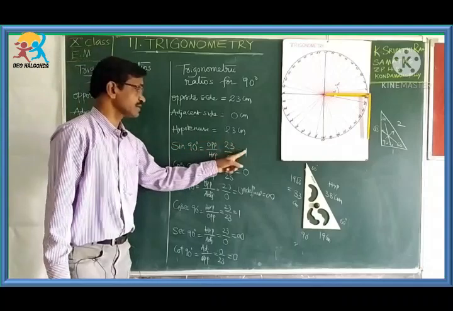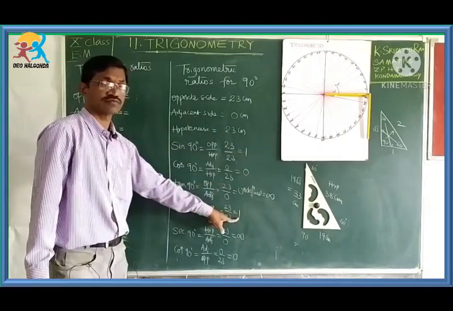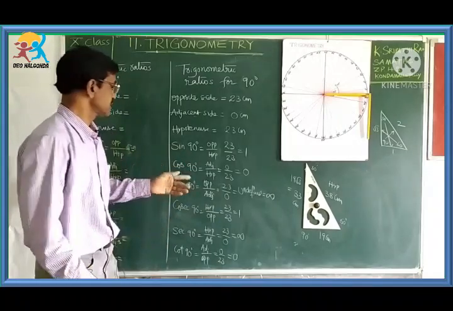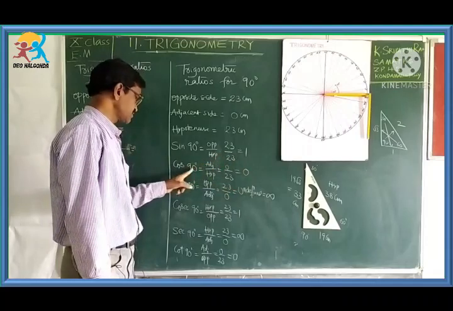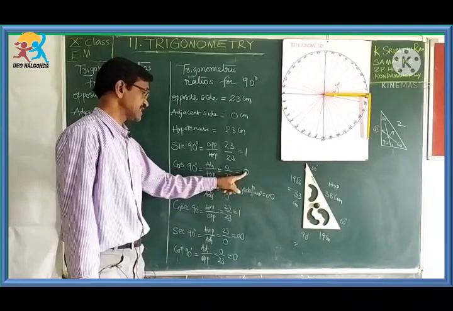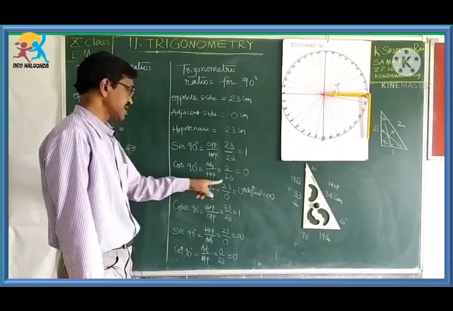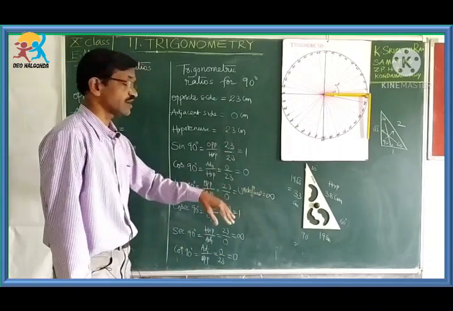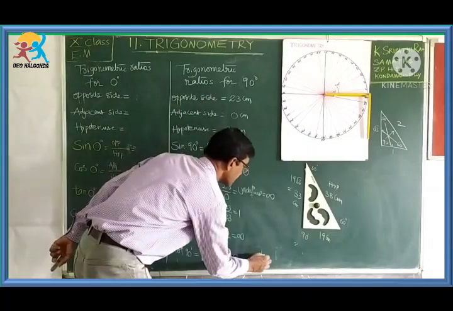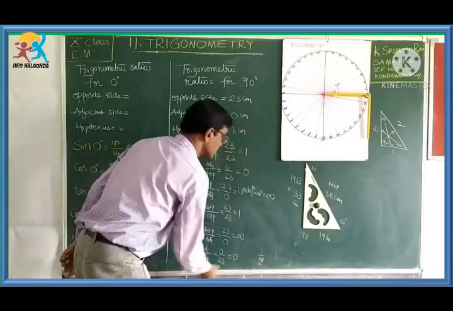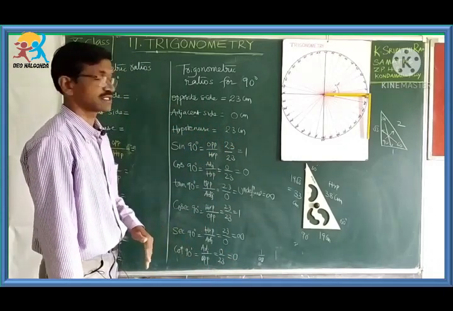Here sin 90 is 1 and its reciprocal, cosec 90, is 1 by 1, which is equal to 1. Reciprocal means 1 divided by the given number. Cos 90 is 0 and its reciprocal, sec 90, is 1 by 0, which is undefined. And tan 90 is undefined and its reciprocal is 1 by undefined, which means 0. This is cot 90, 0. From this we can take the values.